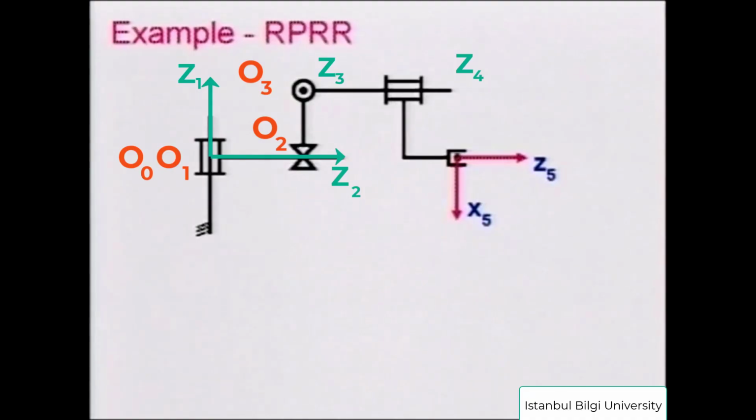It is along the common normal between axes Z4 and Z5. Z5 was given here, as seen here, parallel to Z4. How many common normals do you have between Z4 and Z5? Infinite. So we have a choice. We can put O4 in different positions. We are going to select O4 there, and that will contribute, as we will see, to minimizing the number of parameters.